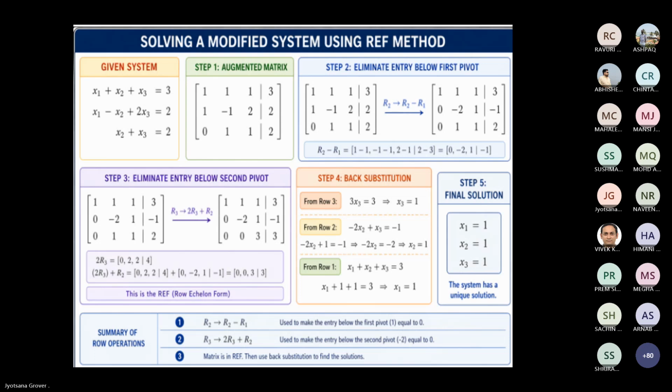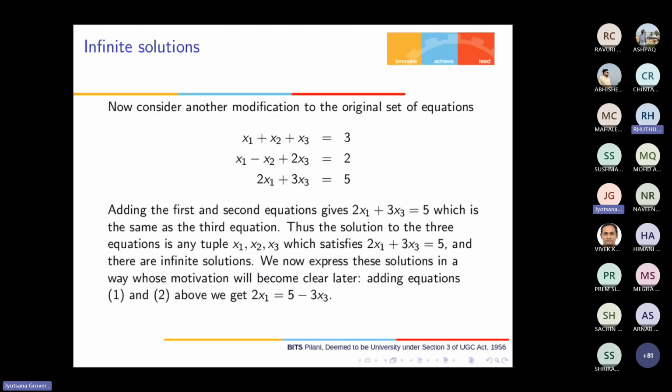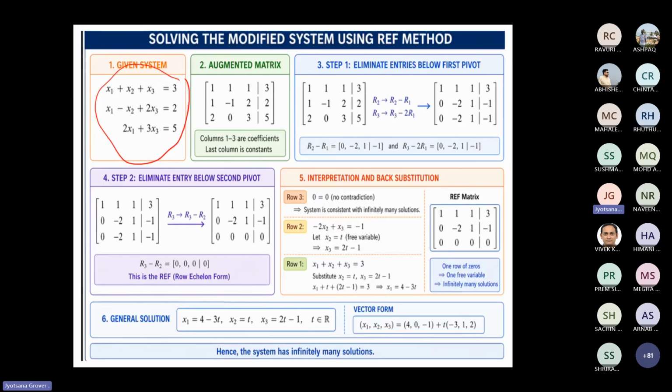Ma'am, I have one doubt. Can you iterate once about the infinite solutions and no solution scenario? I haven't reached that, I only talked about unique. I'll talk about infinite.